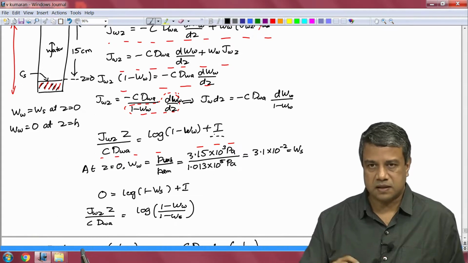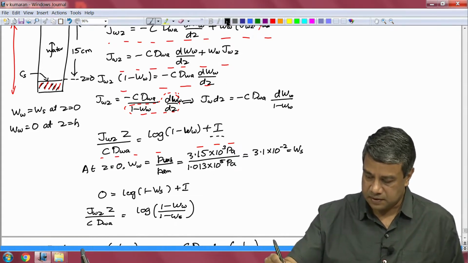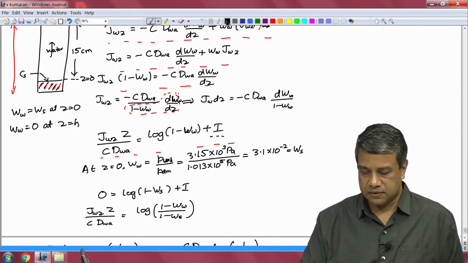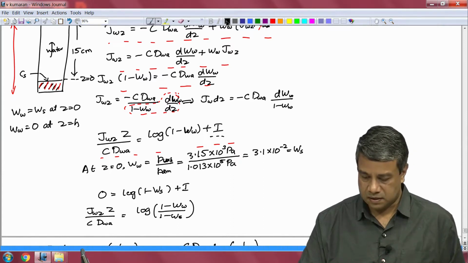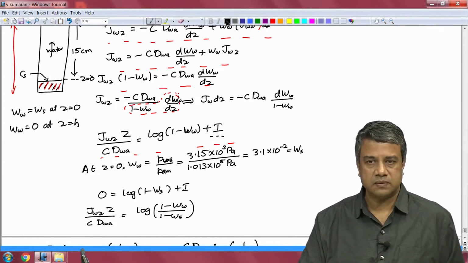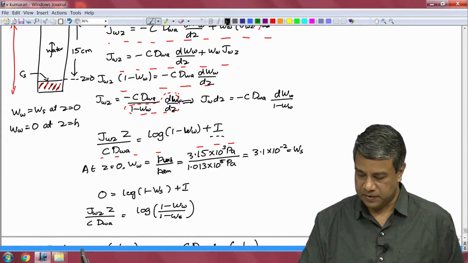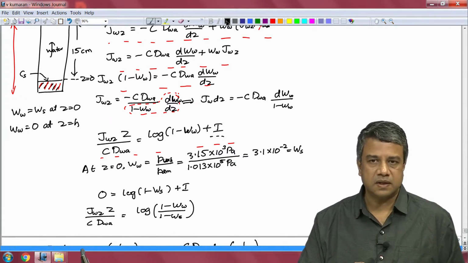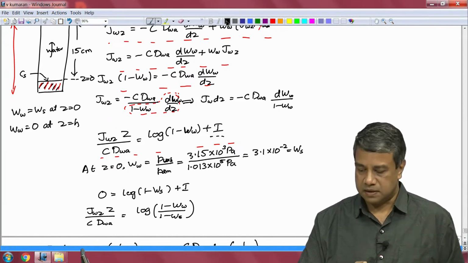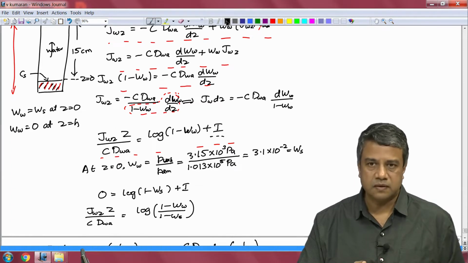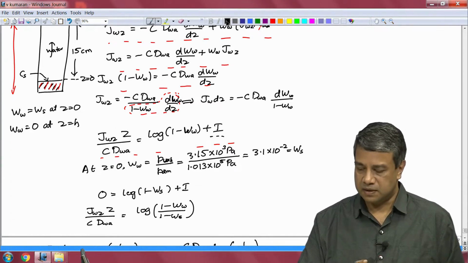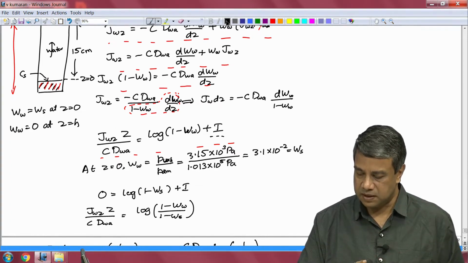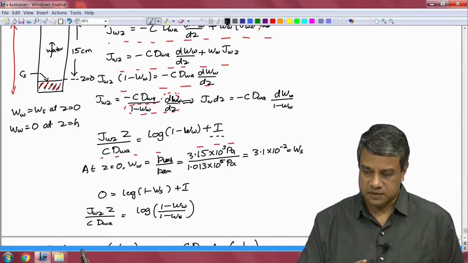It has one integration constant because it is a first order differential equation. At z is equal to 0, we know that the concentration of water is equal to the saturation concentration. We had calculated that the mole fraction of water at the surface is going to be equal to the ratio of the vapor pressure and the atmospheric pressure.